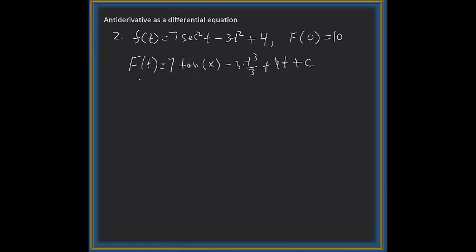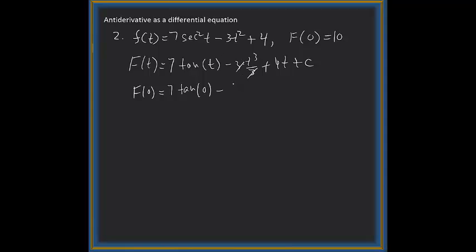Now replace the t value, which is 0, so F of 0 gives me 7 tangent 0, and it should be t, not x, because we are working with the function of variable t.